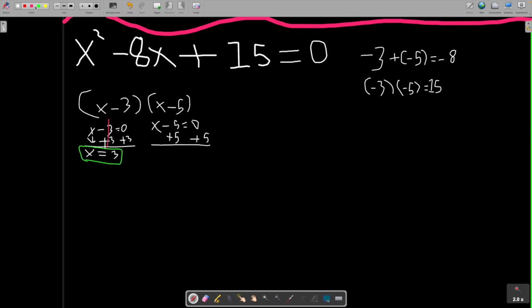Negative and positive 5 cancel each other out, and we bring down this x, x equals 5. So that's our other solution. So those are the answers to this quadratic equation. It's going to be 3 and 5.